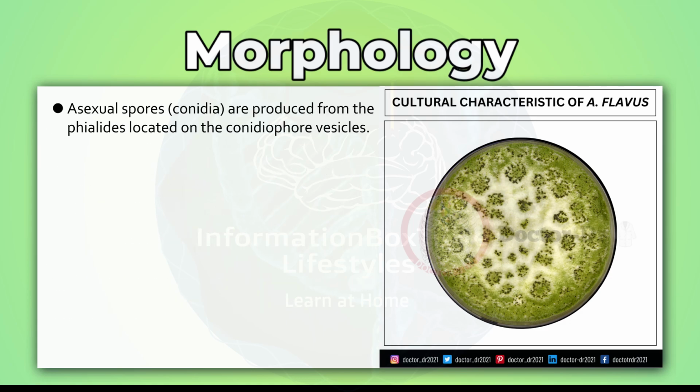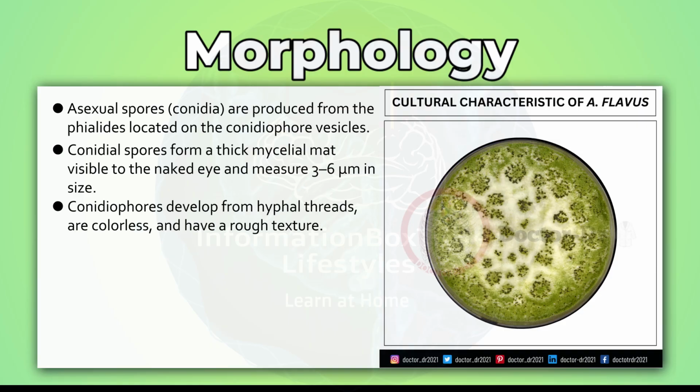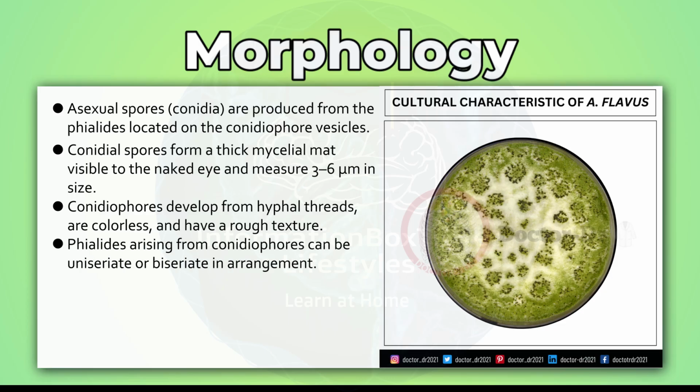Asexual spores, conidia, are produced from the phialides located on the conidiophore vesicles. Conidial spores form a thick mycelial mat visible to the naked eye and measure 3 to 6 micrometers in size. Conidiophores develop from hyphal threads, are colorless, and have a rough texture. Phialides arising from conidiophores can be uniseriate or biseriate in arrangement.